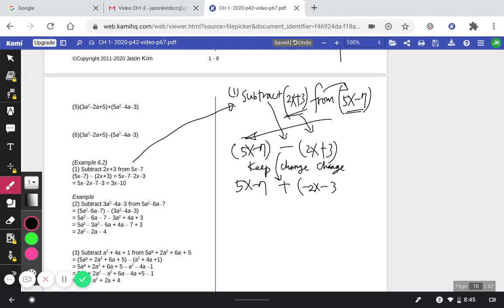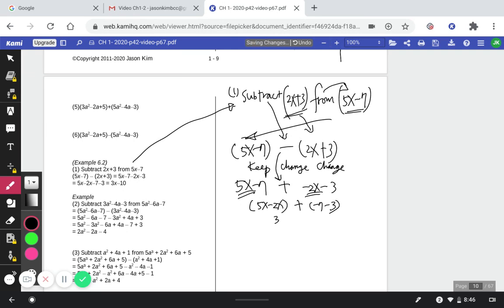And you can put parentheses, or you can just eliminate the parentheses, because it doesn't matter, since addition with the parentheses is the same without the parentheses. So now you combine the like terms, you group 5x minus 2x as a group of like terms, and negative 7 with minus 3.